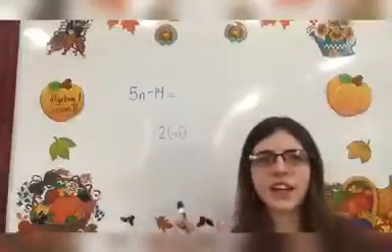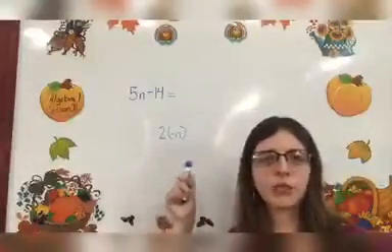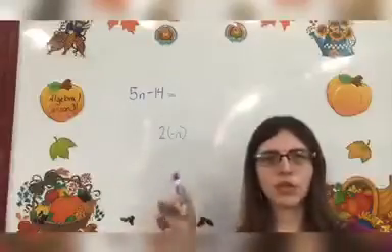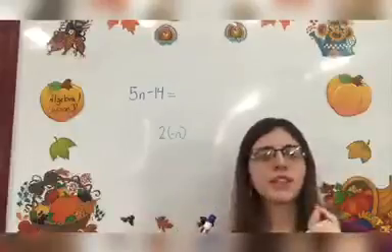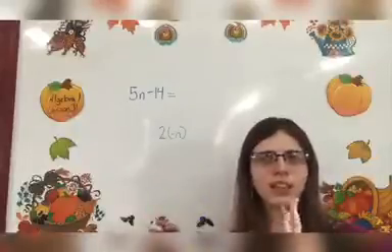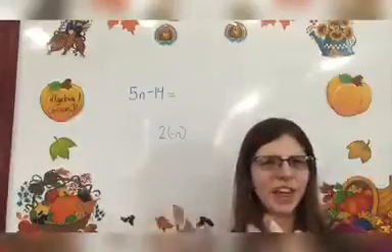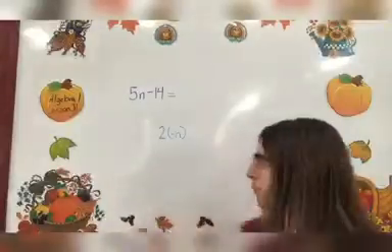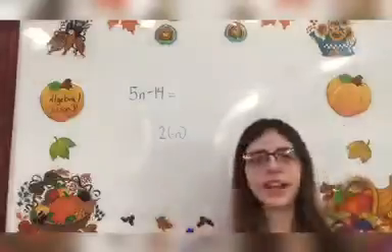Now I wrote this down here to show you that you don't need to write it like this. You can, and this is perfectly acceptable, 2 times the opposite of the number. But there's a less complicated way to write it, and I showed you this the other day. What is 2 times negative n?